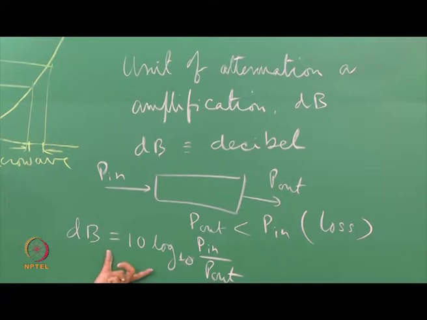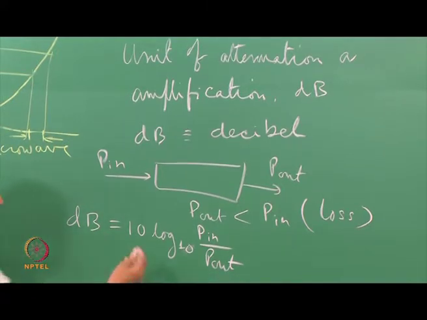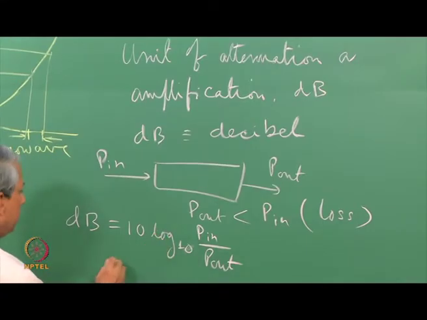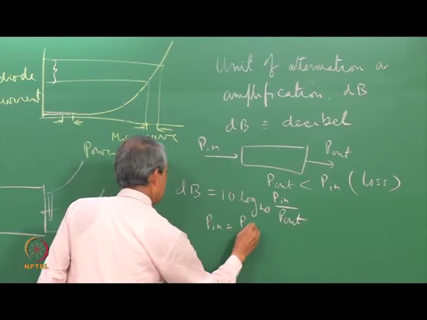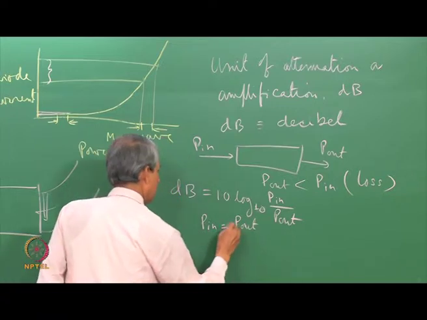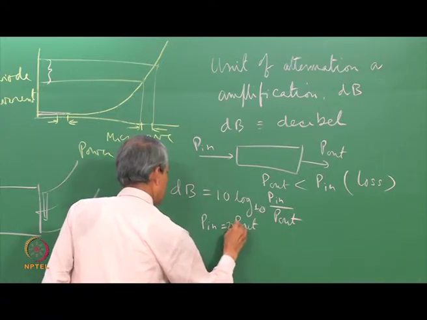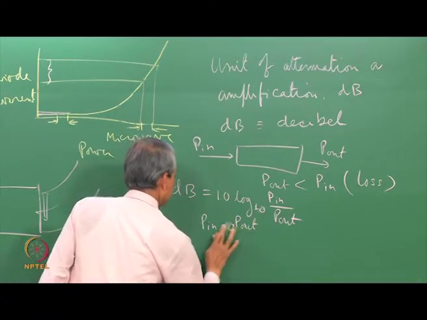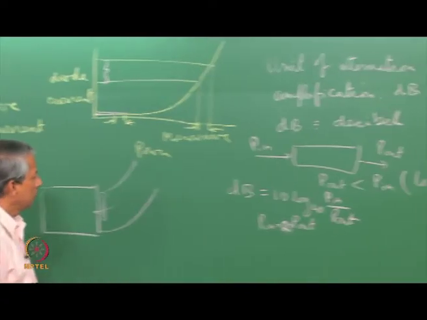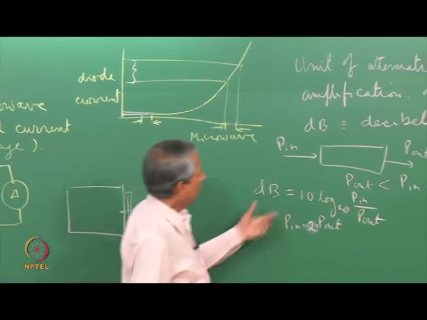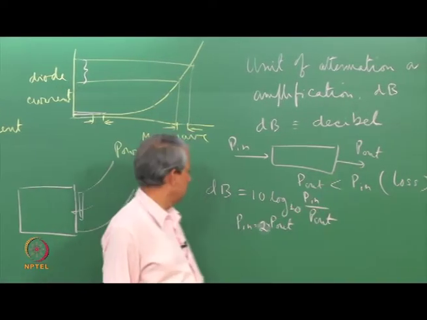So, this is a logarithmic scale. Let us say P out is P in divided by 2, that is, half the power is coming out here for whatever reason.